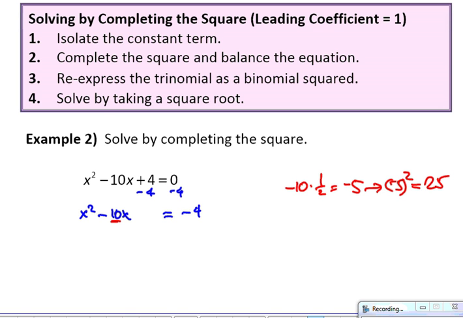So I'm going to add 25 to both sides, and that's going to leave me with x squared minus 10x plus 25 is equal to 21.